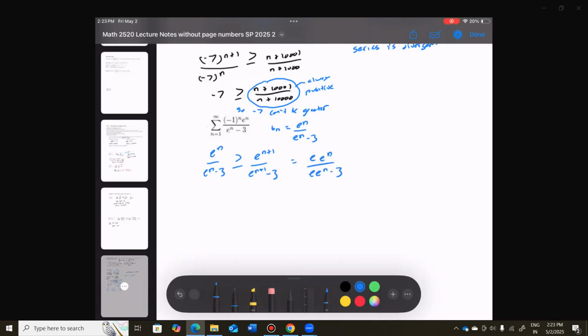Alright, so that divides out. Oh, no, I'm sorry. That is not the right thing to do there at all. I got thinking that negative 3 was an exponent. I gotta multiply that over. So we'll have e to the n, e to the n minus 3, greater than or equal to e to the n, e to the n minus 3.